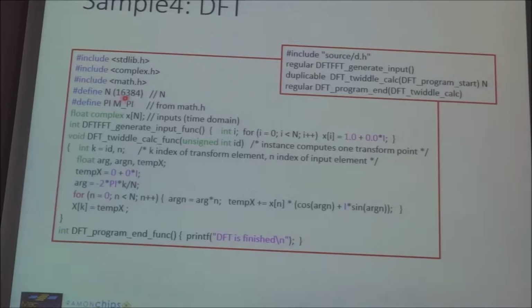And here in this example, this is 16K FFT or DFT. Now we use float complex, complex because we inserted complex.h, float complex xn, inputs time domain.